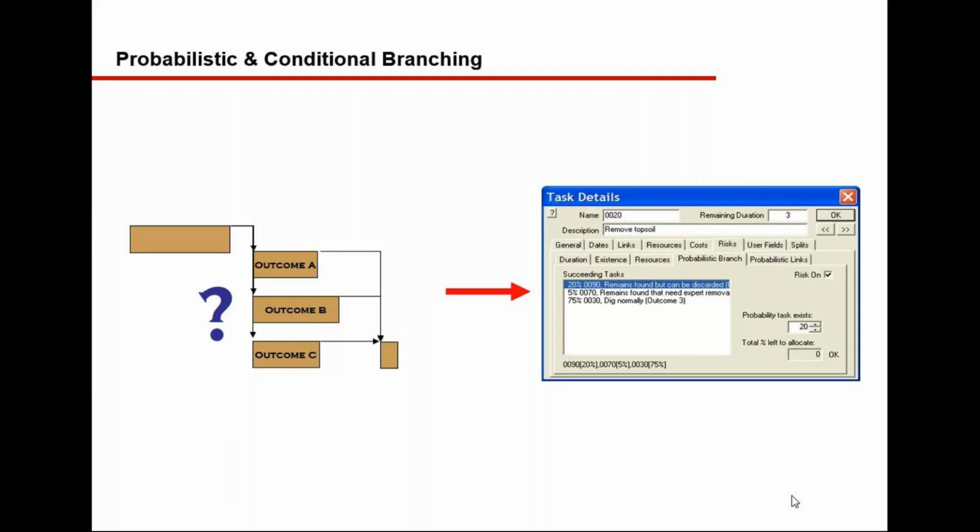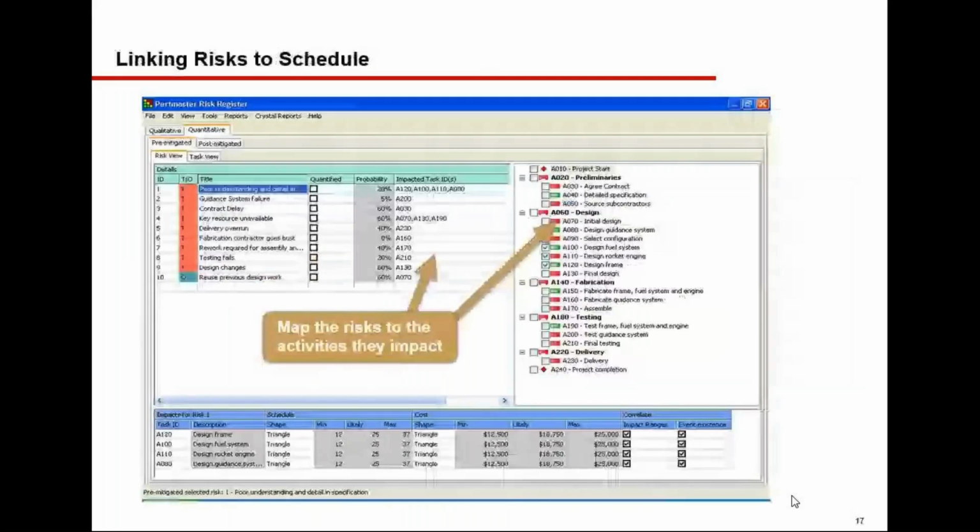And if the task exists, then the probability of taking an outcome and moving to the next activity. So we have handled one, the uncertainty, another one, the task existence, and the third one, probabilistic and conditional branching.